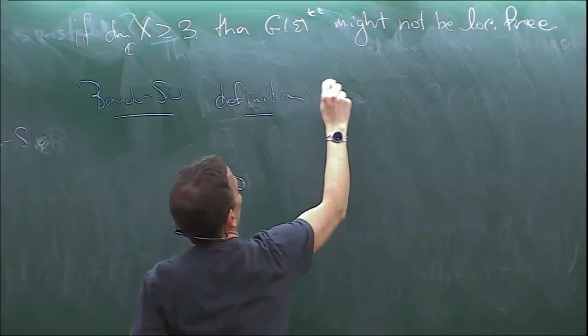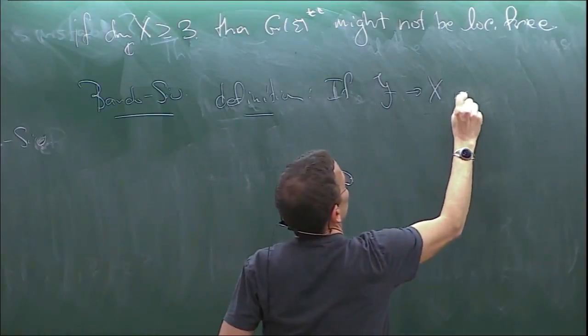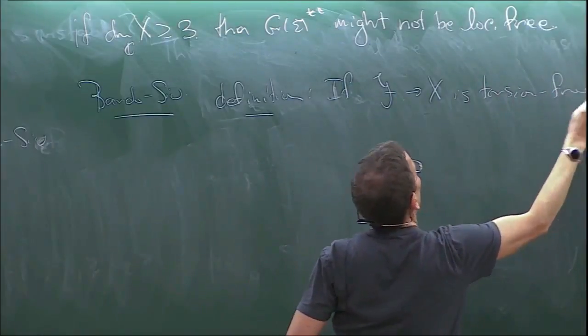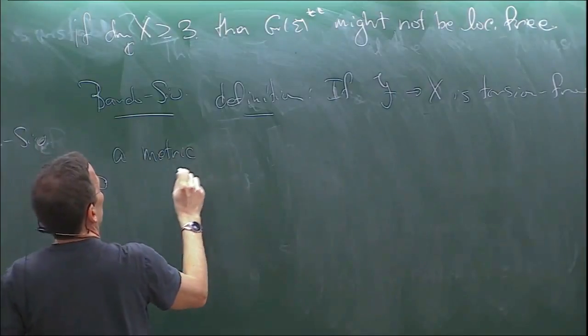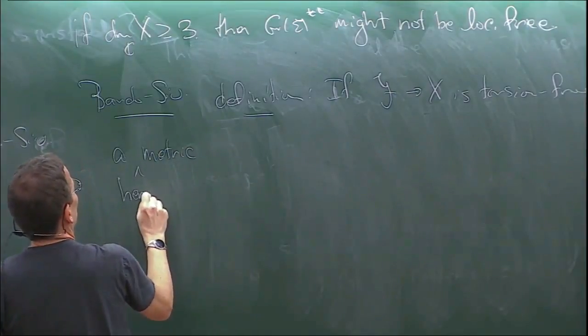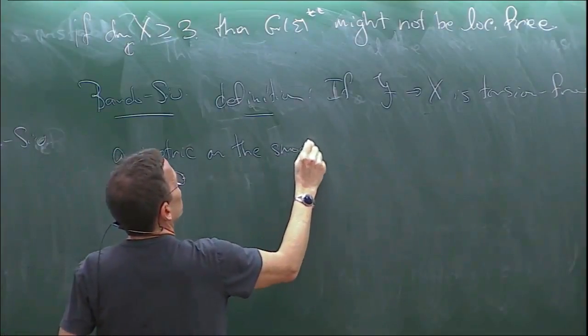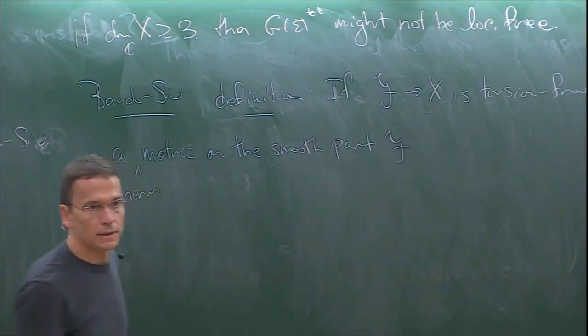So if F is torsion free, actually you can just assume torsion free here. A Hermitian metric on the smooth part of F, where it's locally free, where it's a vector bundle, it makes sense to talk about Hermitian metrics.